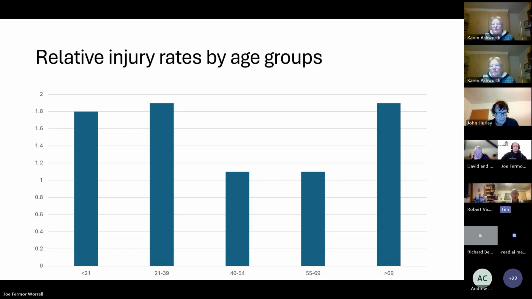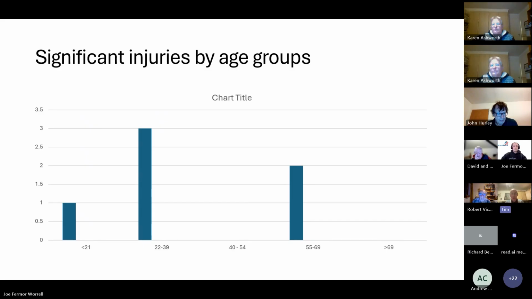Right. And the last one, Joe, I think I took the 6 significant injuries and I again took the age categories there. Now, again, I wouldn't claim this is statistically significant, but it's showing that the 22 to 39 age category is a fair bit higher than the others.